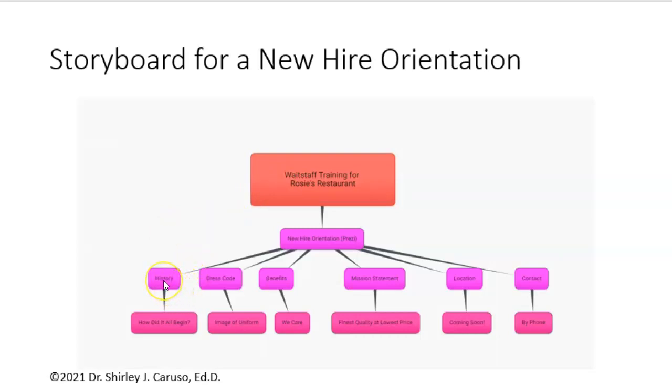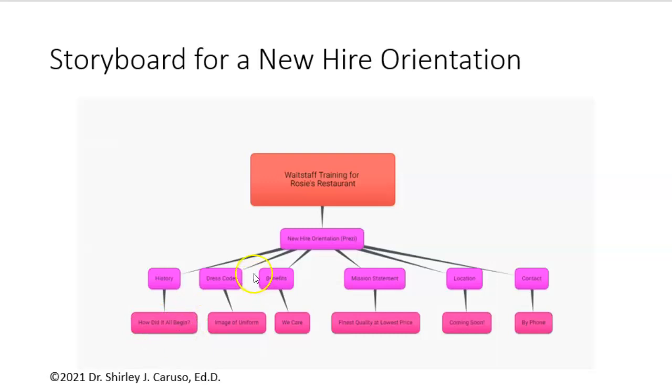They are history, dress code, benefits, mission statement, location, and contact. What you also see here is that under each topic is a subtopic. For example, under history, you will learn further about how the company began. So the subtopic is titled, How Did It All Begin?